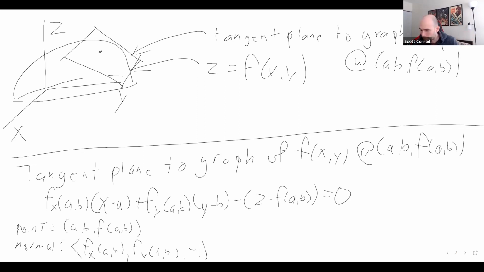But the easier way to remember this is the following. I would remember this formula here.